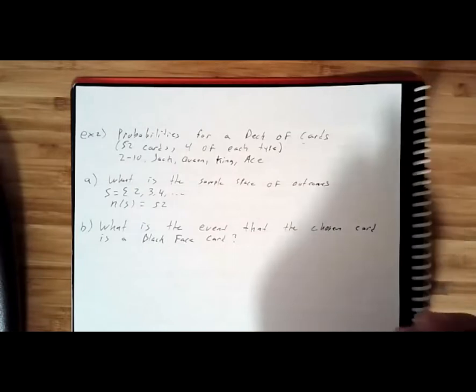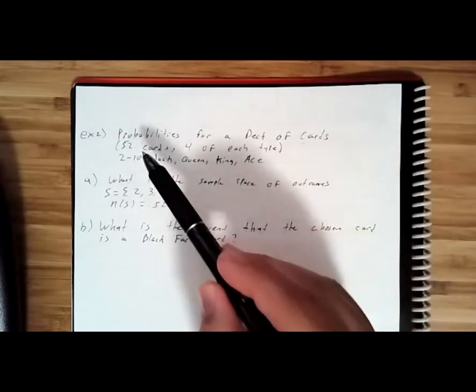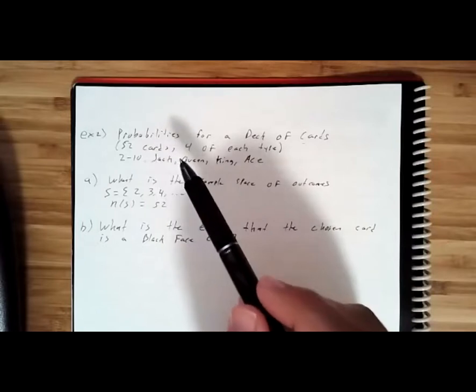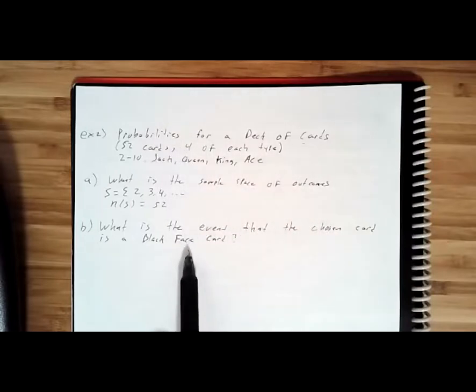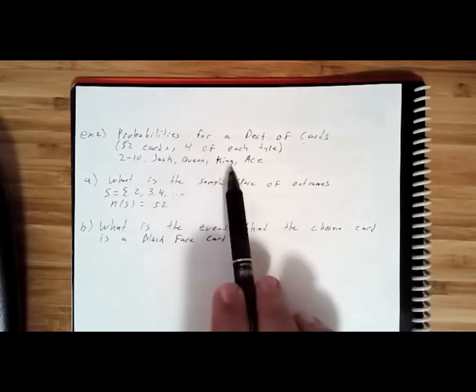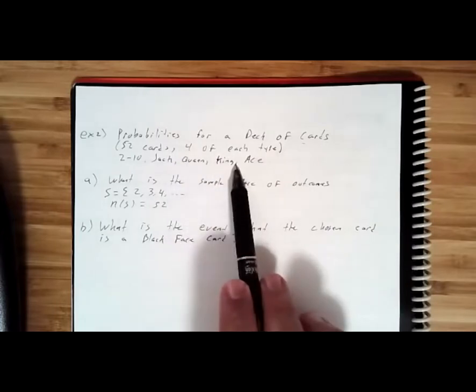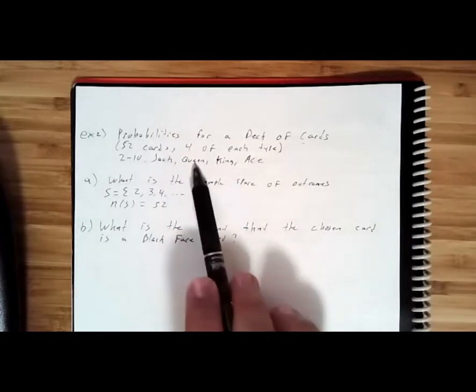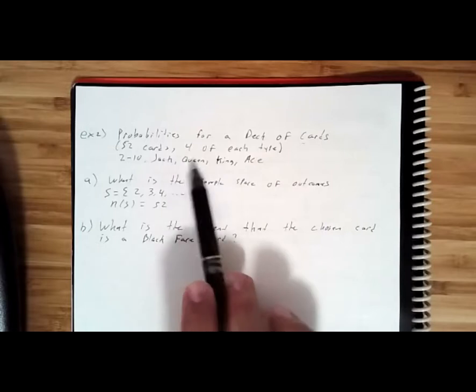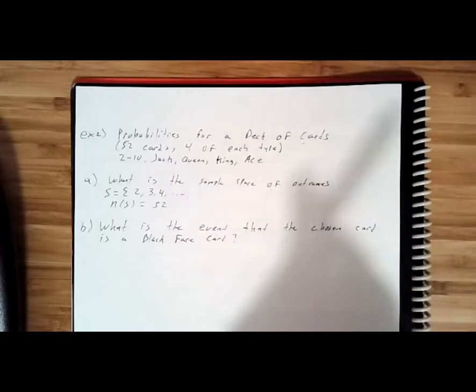Half of the 52 cards are black. The other half are red. Jack, Queen, King are considered to be faces.